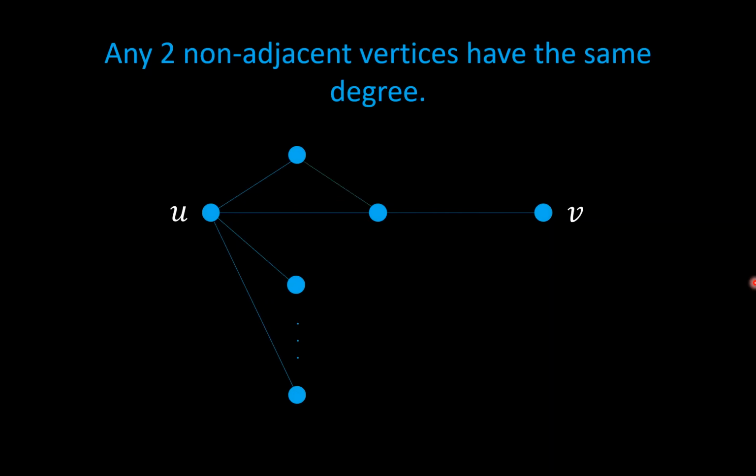Now let's say V has some number of vertices which are neighbors.